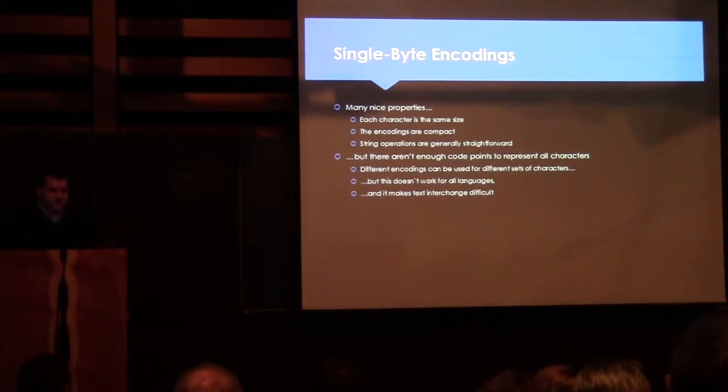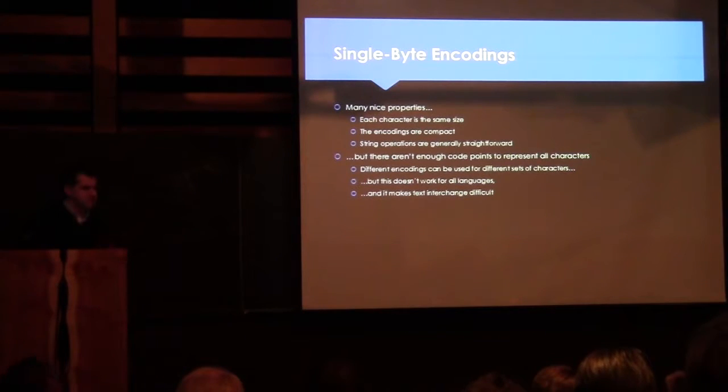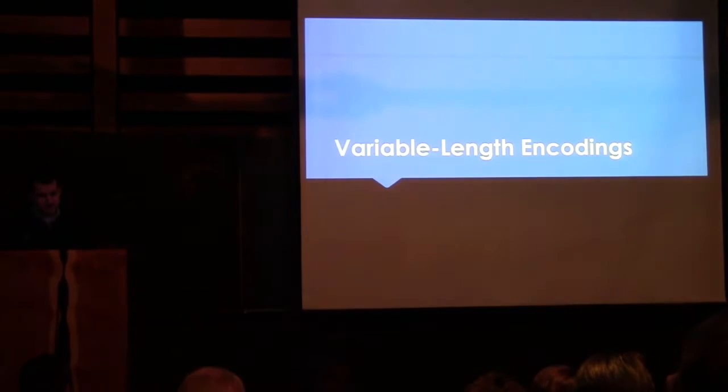But there's not enough code points to represent all of the characters. Not only are there not enough code points to represent all of the characters in all of the European languages, but there are some languages that have more than 256 characters, period. So it makes text interchange difficult because you end up with different encodings, and we need another solution anyway for languages with more characters than we can represent.